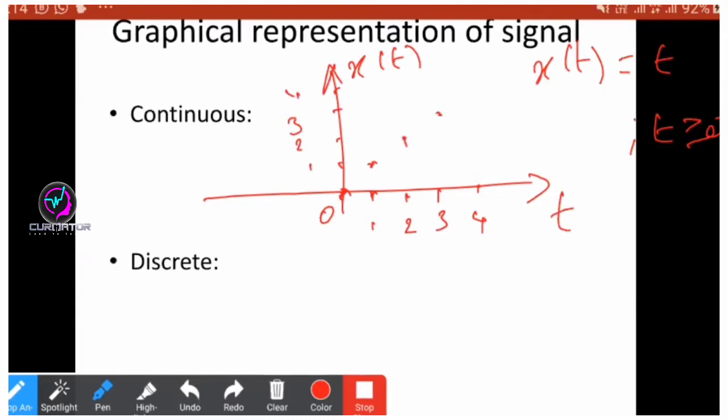Likewise, it will be a straight line like this up to infinity. For t less than 0, it is defined as 0, so no need to draw here. This is how a continuous time signal should be represented graphically. Now let us see a discrete time signal's representation.